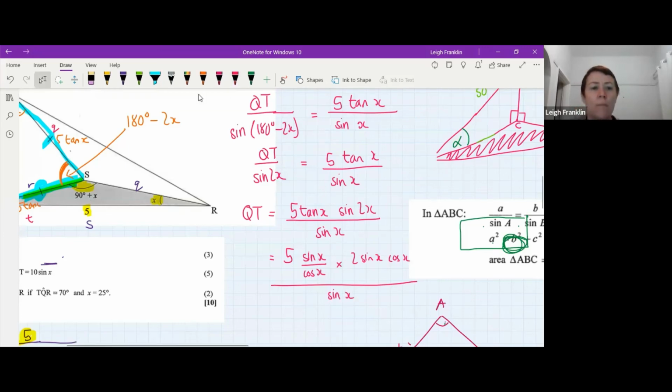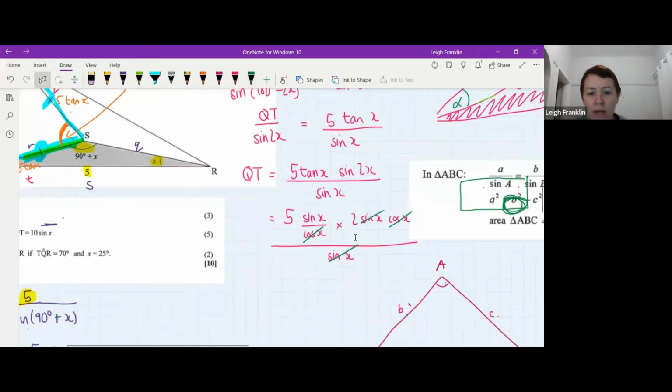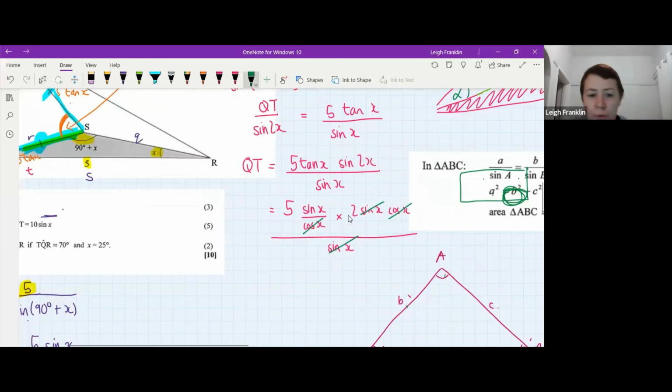Because we are multiplying and dividing, we can cancel. So cos x at the bottom with that over there, sine x over here with sine x there, or I could have cancelled this sine x over here with the sine x at the bottom, and look at what's left, guys. 5 times 2 is your 10 sine x.